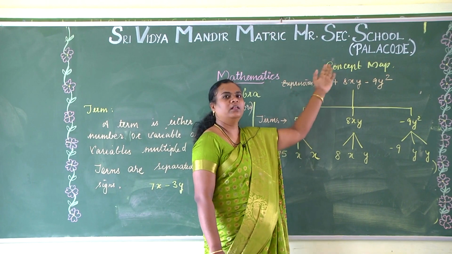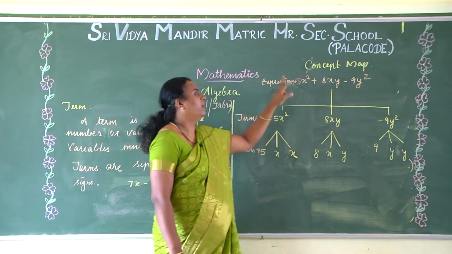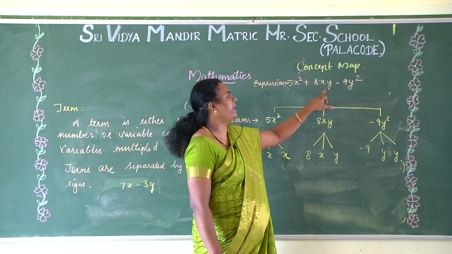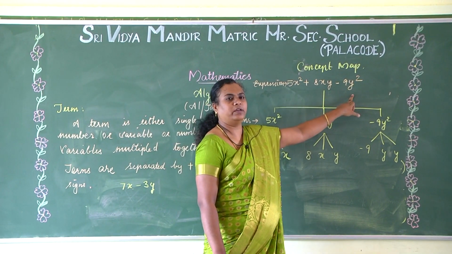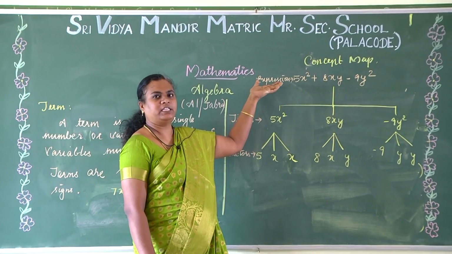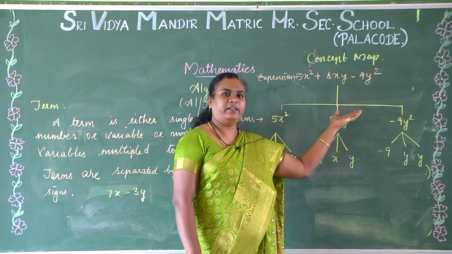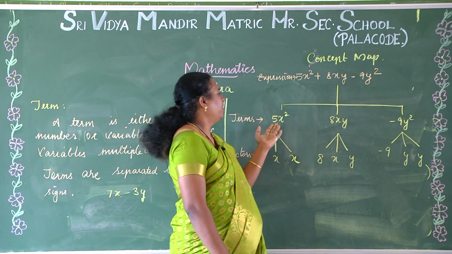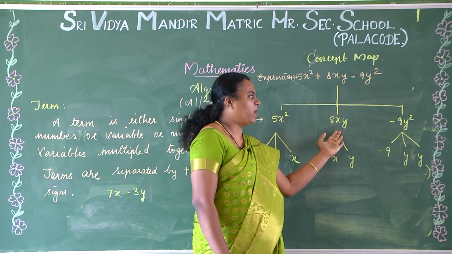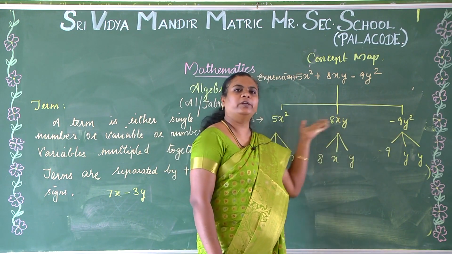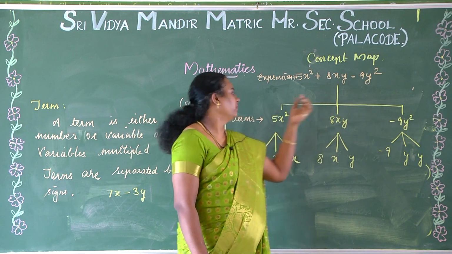Next we move to the concept map. 5x square plus 8xy minus 9y square. It is an algebraic expression. How many terms are there? Yes, you are right. 5x square, 8xy, minus 9y square. Totally 3 terms are there.